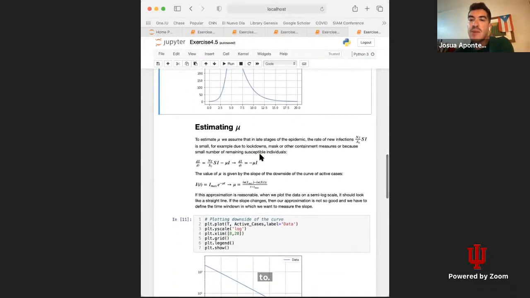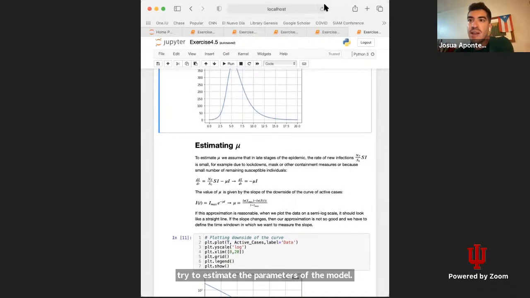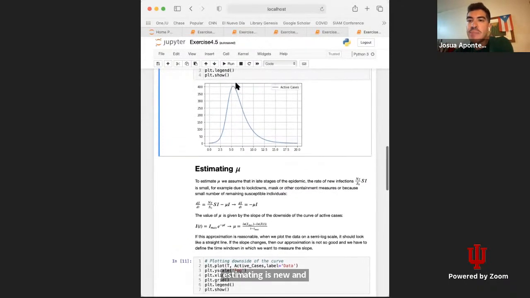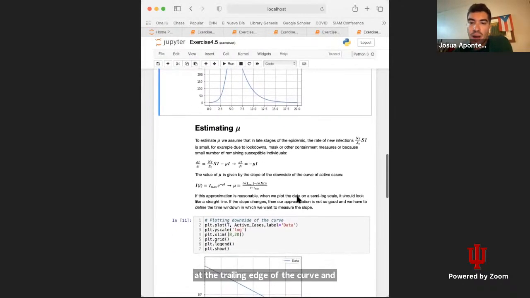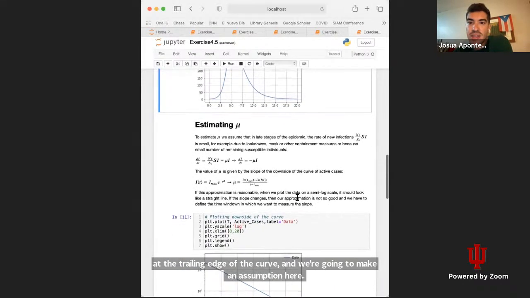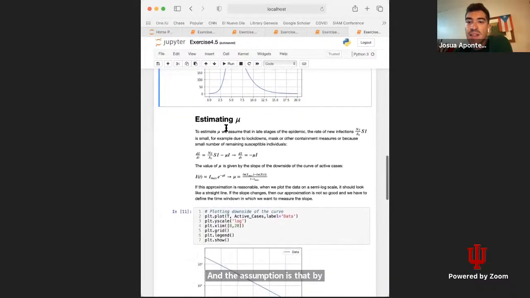And again, the first parameter we're going to estimate is mu. We can estimate mu by looking at the tailing edge of the curve, and we're going to make an assumption here: that at the late stages of the epidemic, the rate of new infections, which is this term, is small. So we set it to 0.